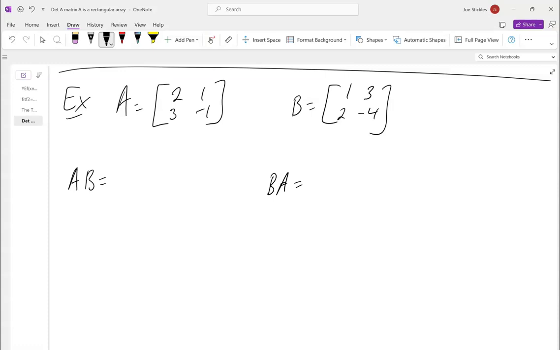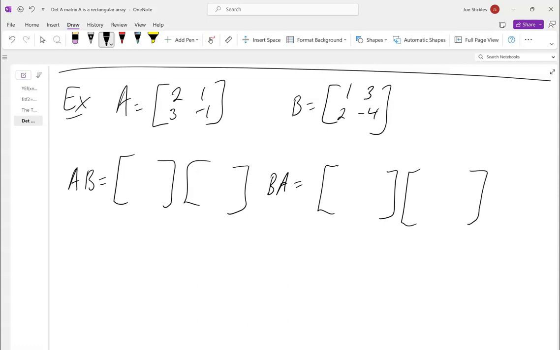The reason why I want to do this particular example is notice that in this case, we can certainly do the multiplication in both orders, right? We can do A times B, and we can do B times A. There's no problem with the size of the matrices. Both have 2 rows and 2 columns.